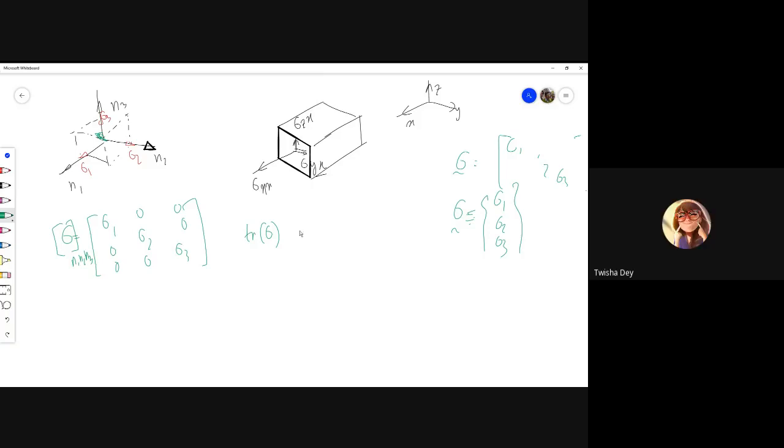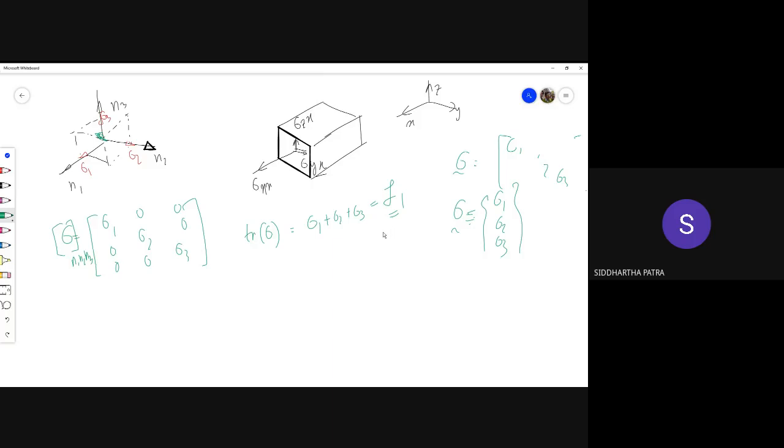Sigma 1 plus sigma 2 plus sigma 3. Okay. Now, this we know is the I1, and I1 survives any form of coordinate transformation. So going from global Cartesian to your principal directions, the I1 will still remain the same, right? That's why it's an invariant.